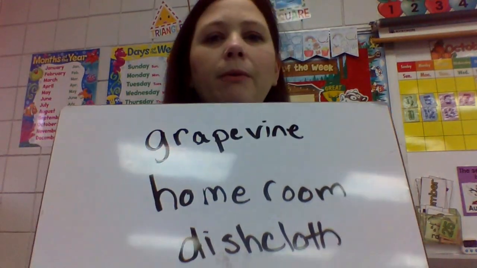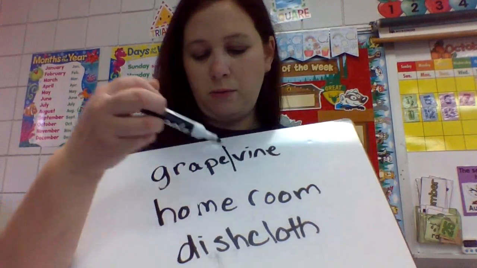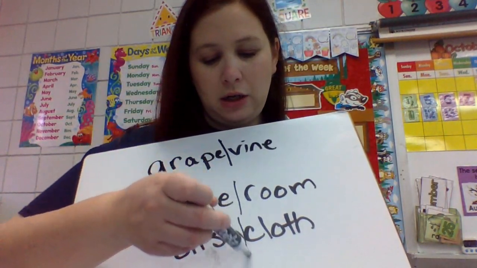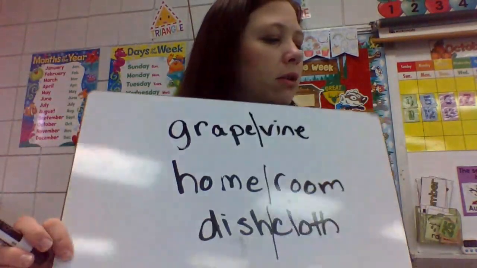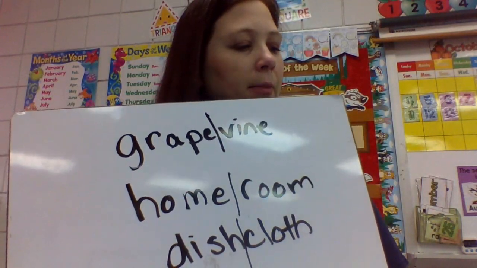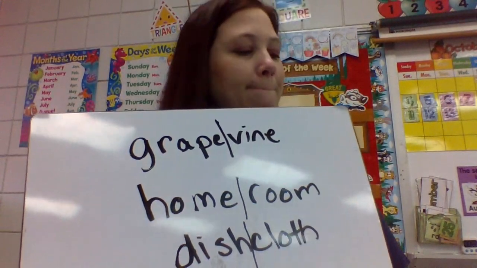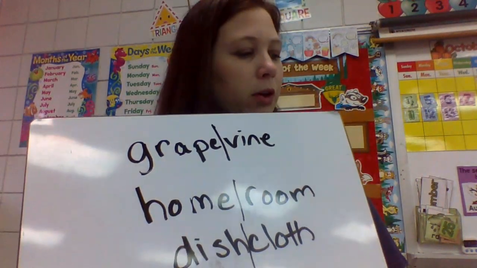They're all made up of two separate words. So we have grape and vine, two completely different words, home and room, and dish and cloth. So there's lots of words that are compound words. If you think about it, classroom, backpack, bookshelf, all of these are compound words.